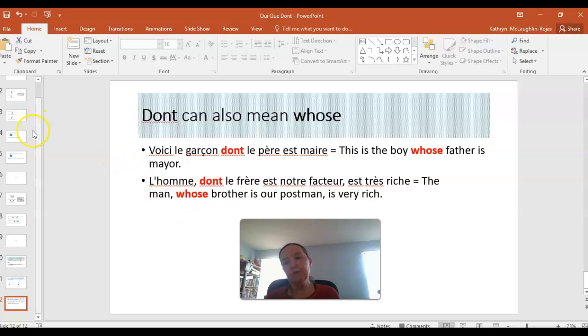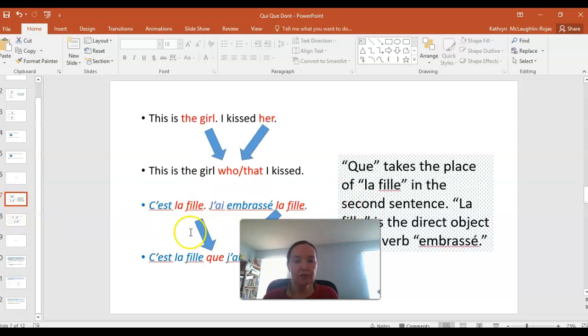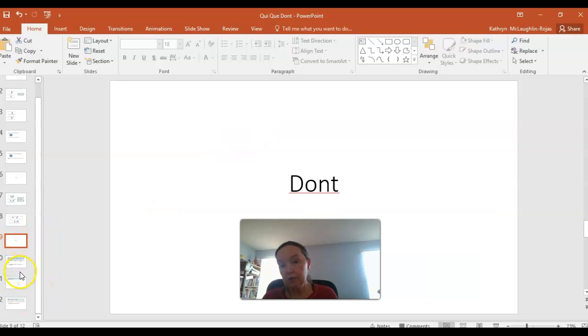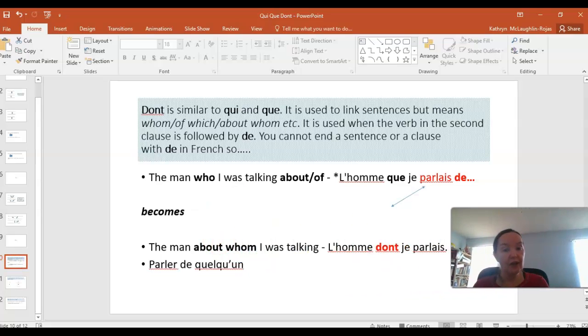I think if you keep in mind that que is always going to be followed by a subject and a verb, whereas dont is really all about verbs that are followed by de. Since you can't end a sentence or a clause with de, like of, you need to use dont. So you have to be really aware of which verb you're using when you put together your sentence.